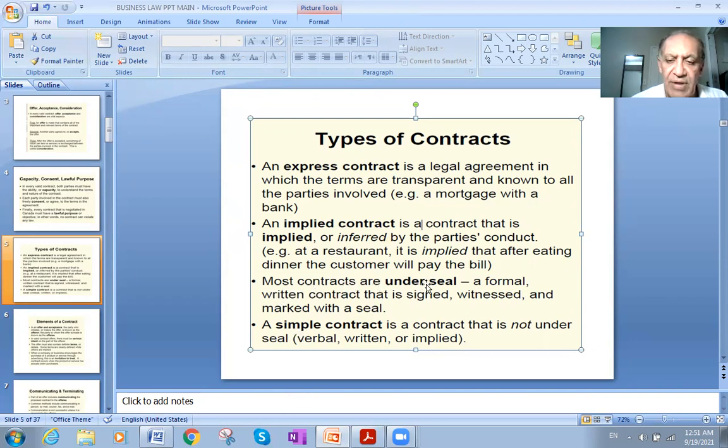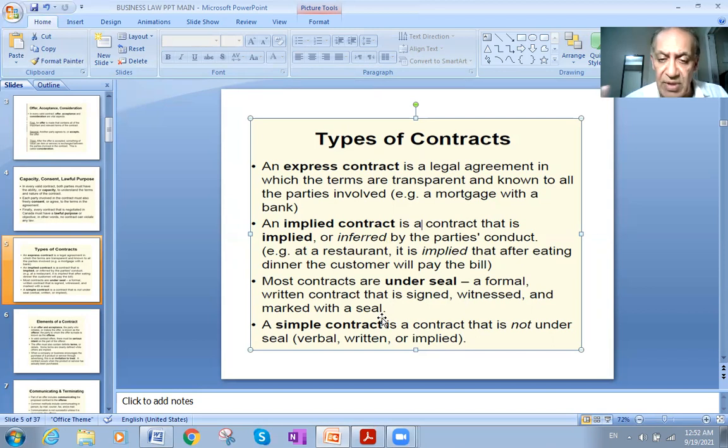Next, contracts under seal. A contract under seal is a formal written contract that is signed, witnessed, and marked with a seal. Exactly like the contracts for selling a house or selling a farm, it must be sealed and must be witnessed by people who would say that they saw the seller and the buyer signing.